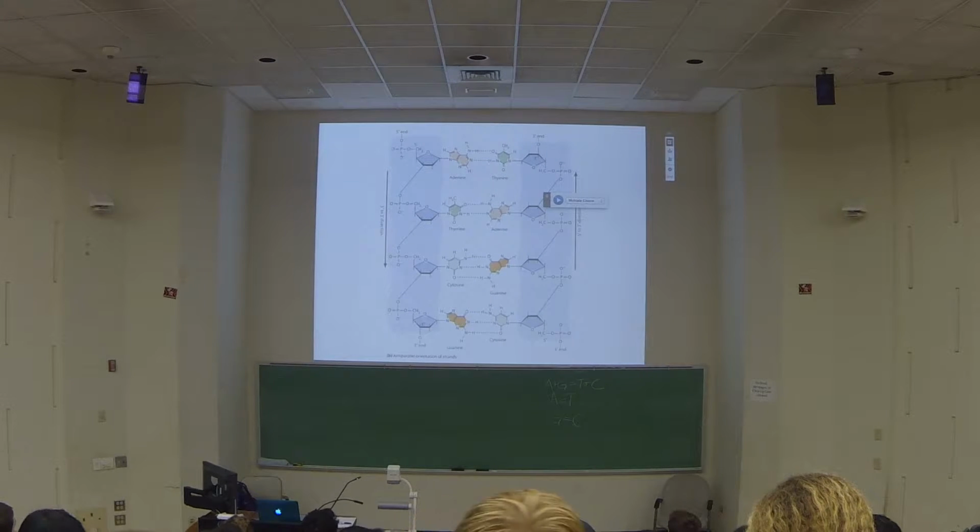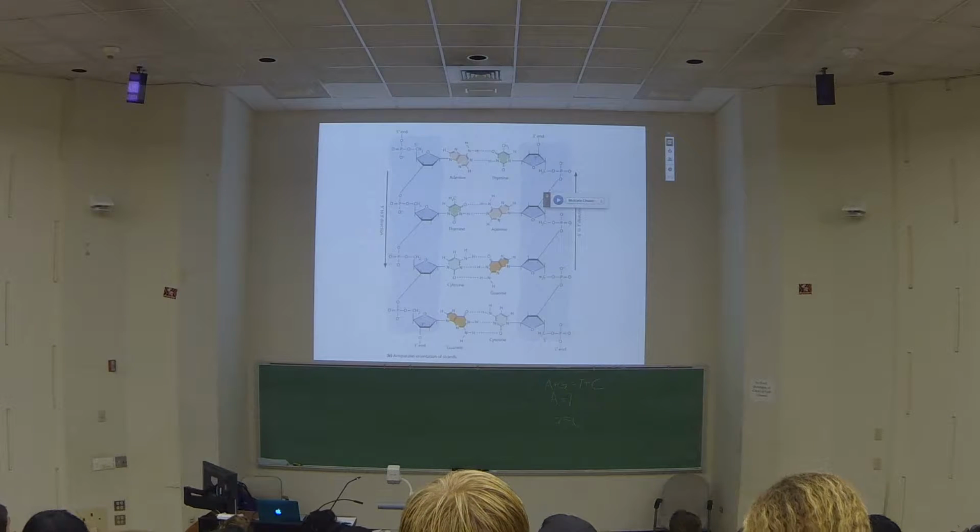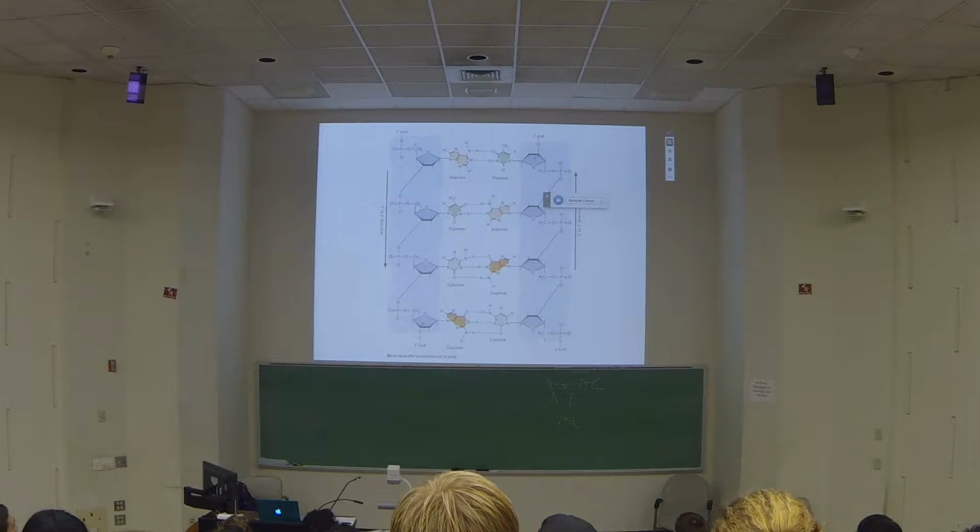Difference in the number of hydrogen bonds. What are the number of hydrogen bonds between A and T? 2. G and C? 3. What else do you see? The backbone.